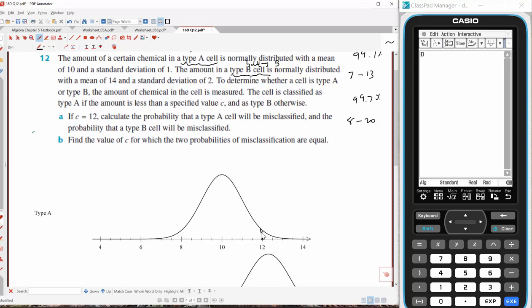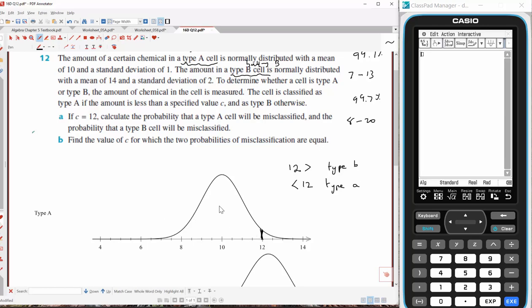So what we're looking for is the amount being 12. And in a type A cell, remember, I've just grabbed a battery and I'm looking at the battery and I've measured how much stuff there is. I know that if the battery has more than 12, it'll be type B, or less than 12 will be type A, no matter what the battery is.